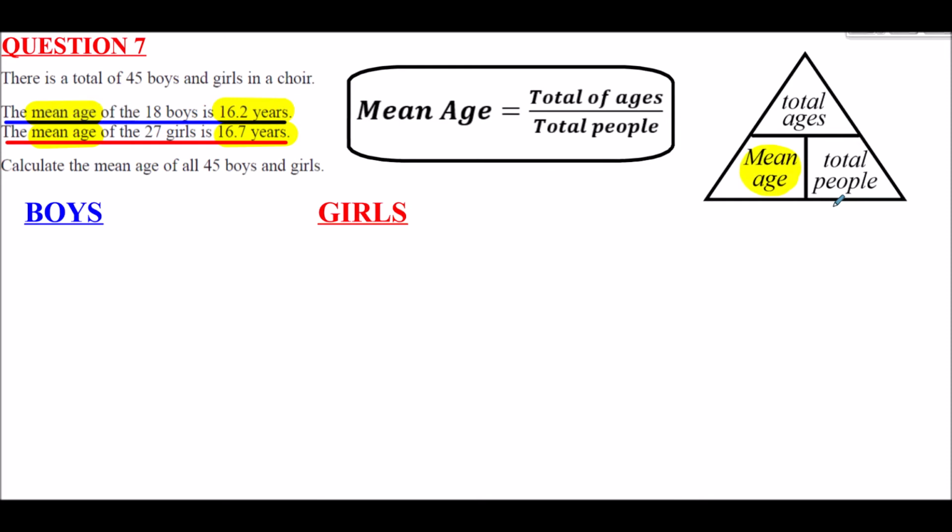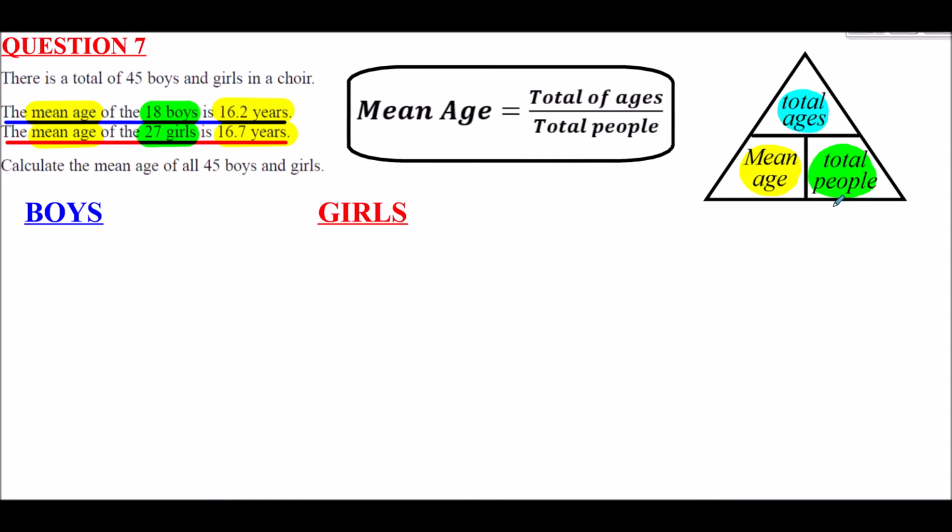And for both groups as well, we also know the total number of people. We know there's 18 boys and 27 girls. So we do know the total number of people in each group, and as well the total combined. So because we're wanting to initially calculate the total of their ages, then we can work out the total mean using that. I'll highlight that in blue.